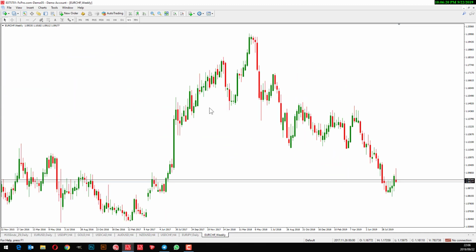Now, as you can see, remember the black line is my July 2017 strong demand zone. You can see the weekly first 2 weeks of September, they did push to the upside.